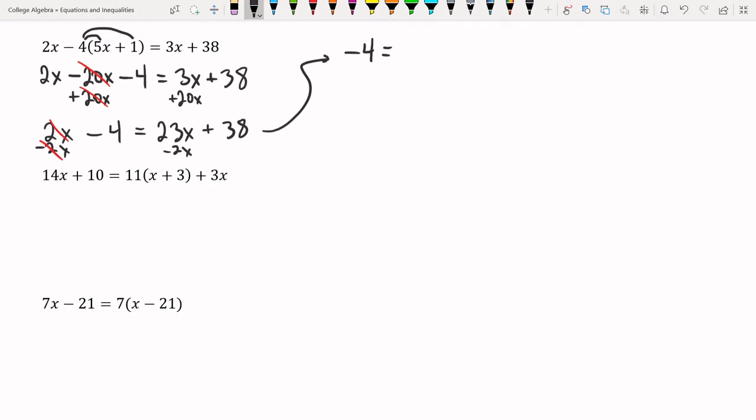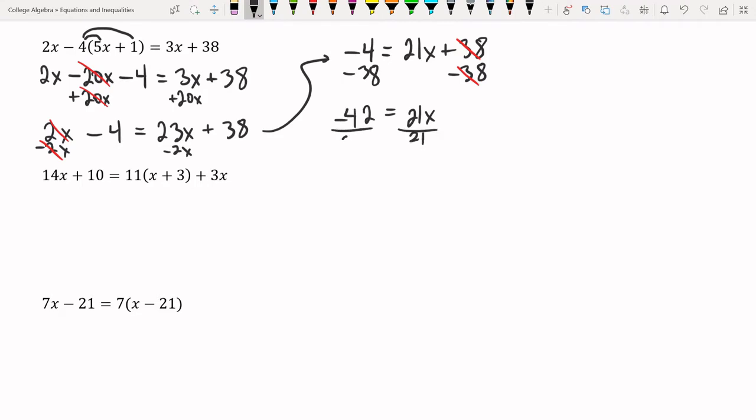If you forget to do that, you can still keep going. Now I'm going to subtract the 38 to the other side, giving me 21x equals negative 4 minus 38, which is negative 42.